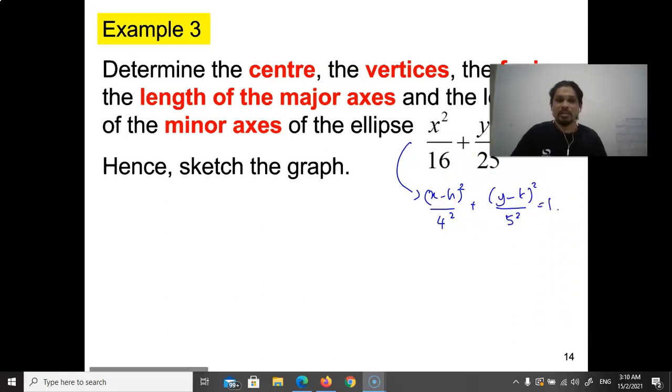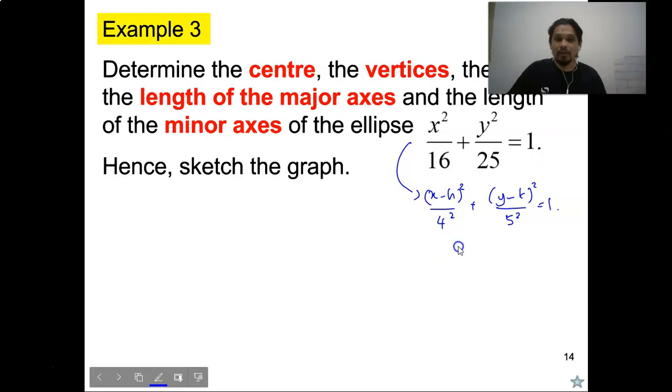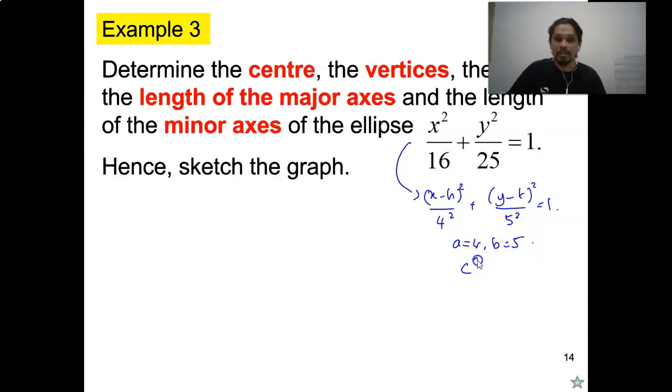So according to this, a equals 4, b equals 5, then c squared equals a squared, which is 16. Okay, the larger belongs to the y, it is always greater, so it is 25 minus 16 equals 9, then c equals 3.